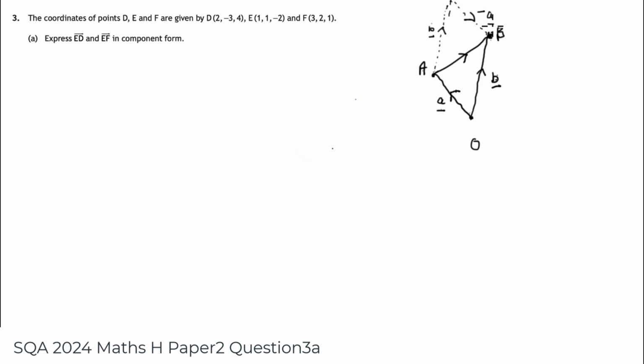So travelling from A to B, you can do B minus A. And this is a very, very important result in vectors, one that you should remember. Travelling from A to B, in terms of position vector, is B minus A. Notice the order's reversed. A to B, position vector B minus position vector A. So this is a result we're going to use in part A of this question.